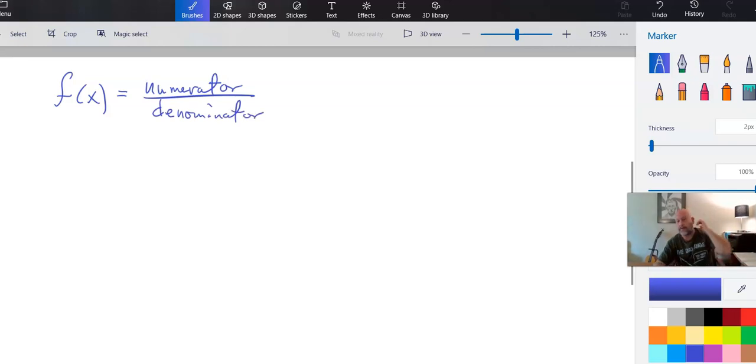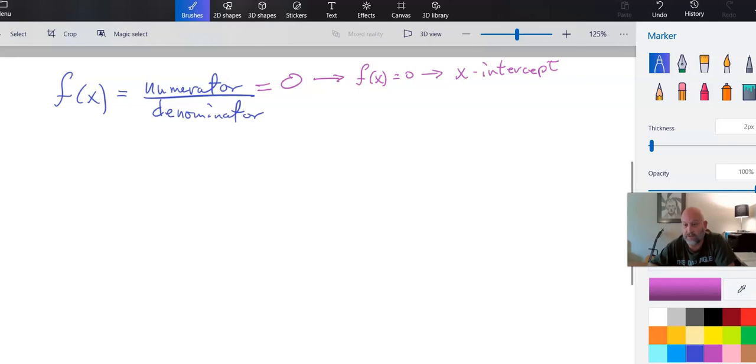And here's the properties I want to be thinking about when it comes to numerator and denominator. It has to do with when they're equal to zero. So if the numerator equals zero, that means the entire function equals zero. And if the whole function equals zero, that means wherever the numerator is zero, this is an x-intercept.